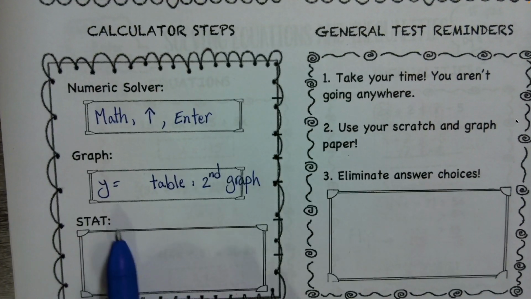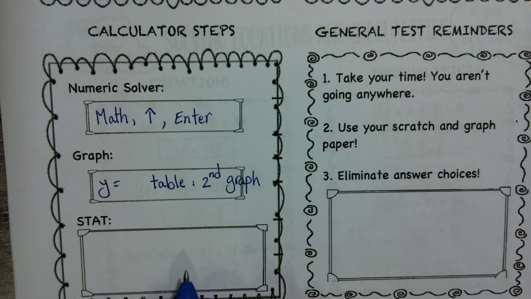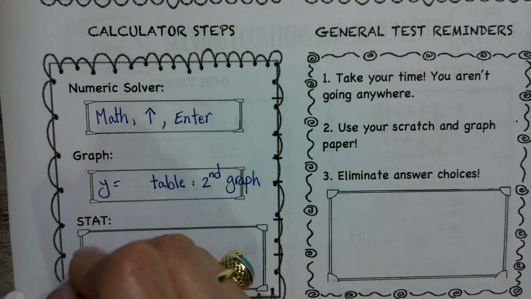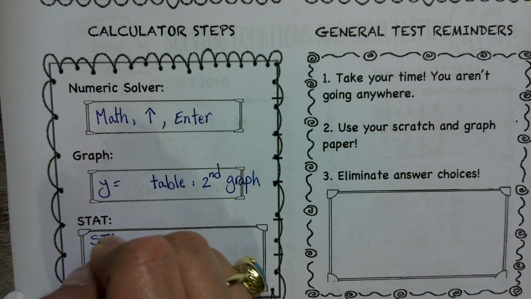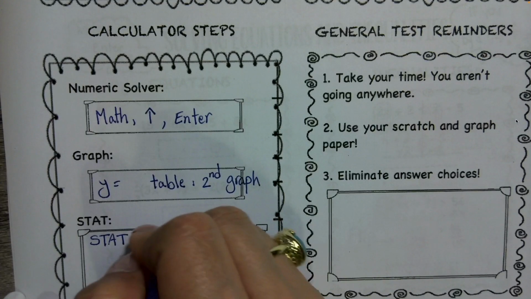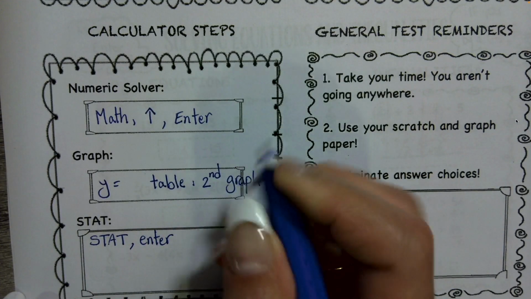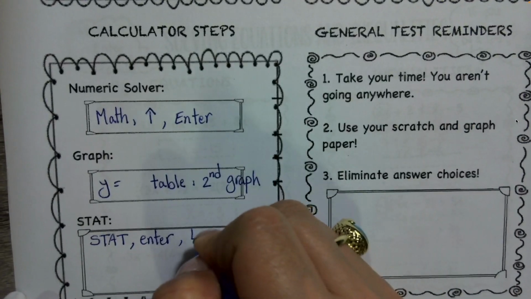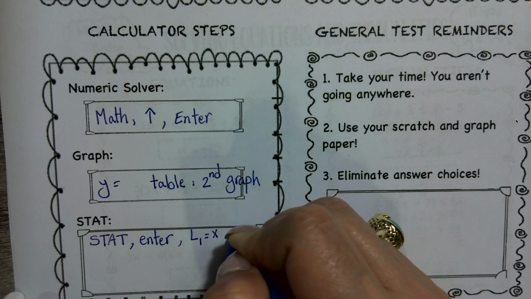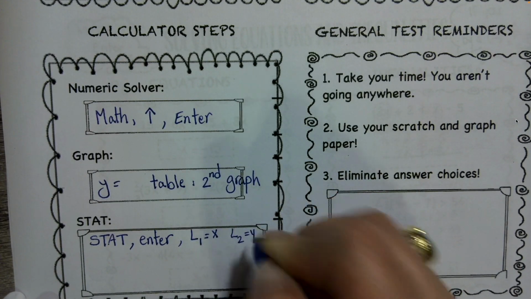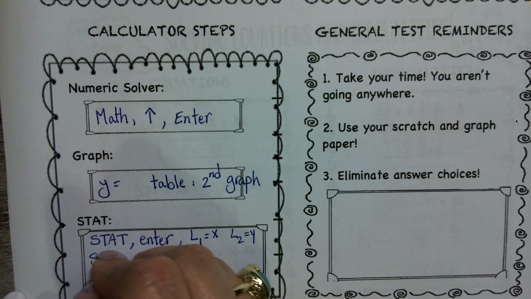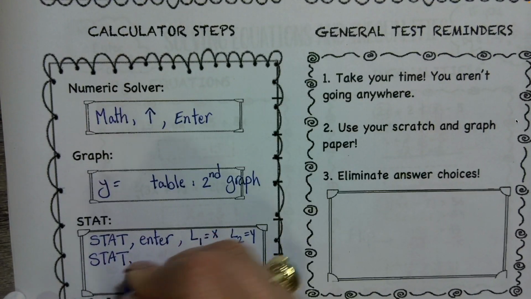Okay? Stat, enter for x and y, you enter your data, and then stat calc, linear or quadratic or exponential, depending on which one, you click on those. So stat, and then enter. Then you enter your data in L1 for x and L2 for y. Then you click on stat again, calc.